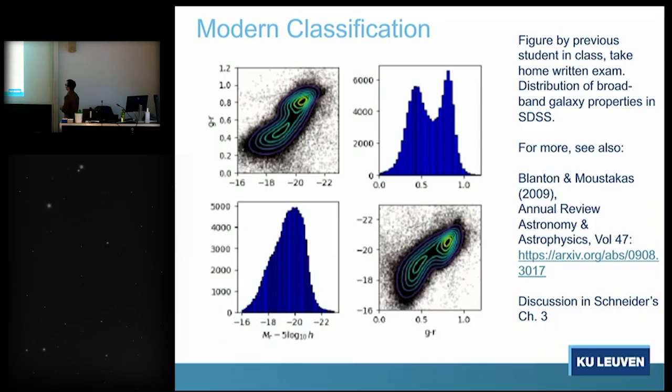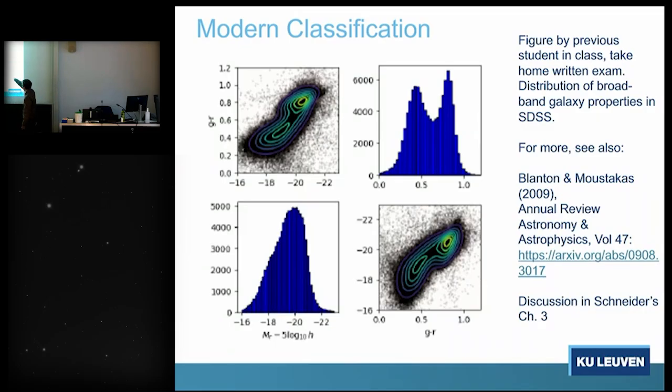Now, here is an example of this. This is actually a figure by previous students in class. This is from an old take-home exam. And that's the distribution of the broadband galaxy probabilities as done from the Sloan Digital Sky Survey.